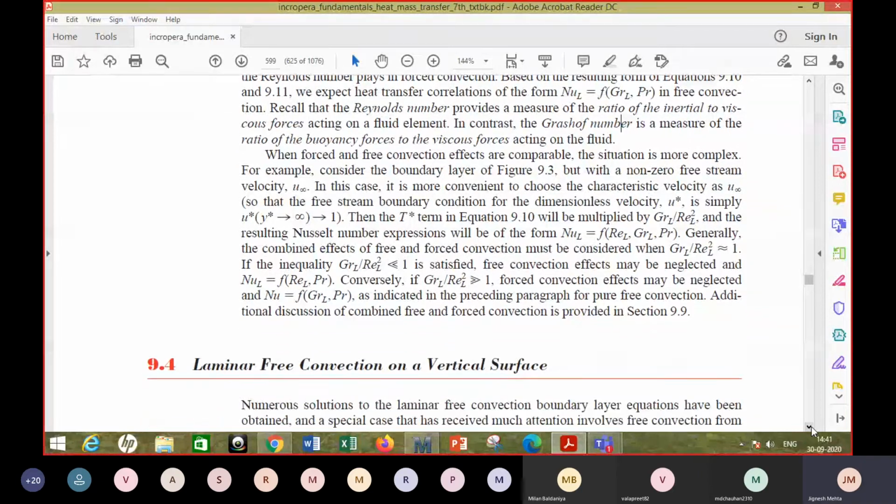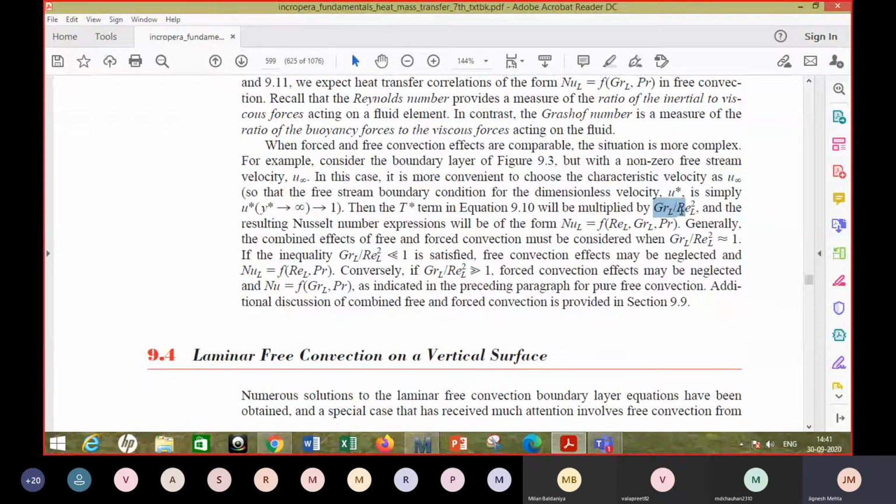If the ratio of the Grashof number to the square of the Reynolds number is much less than 1, then you can say that the free convection effects may be neglected, since the square of the Reynolds number is much higher than the Grashof number. So forced convection is dominant.